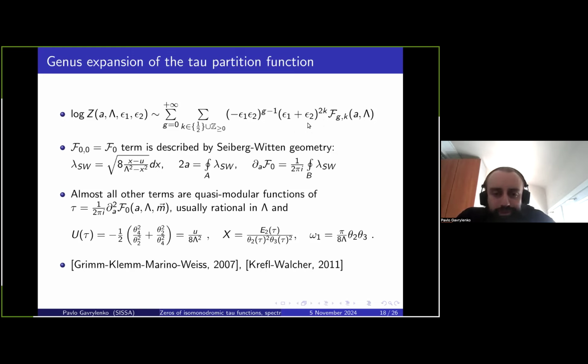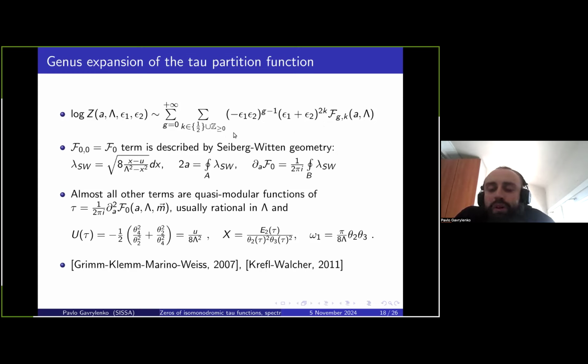And this tau function is this infinite series over non-negative integer g's and non-negative integer n's, with some extra term for n equals 1/2, g equals 0, k equals 1/2.